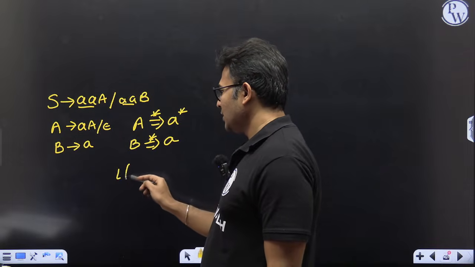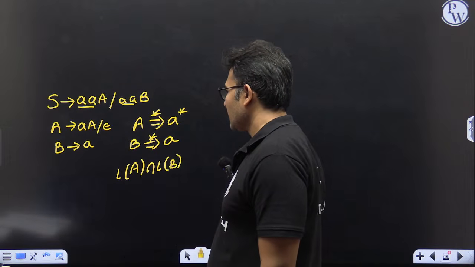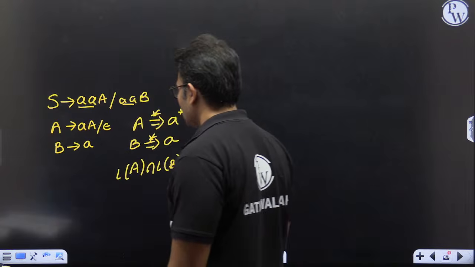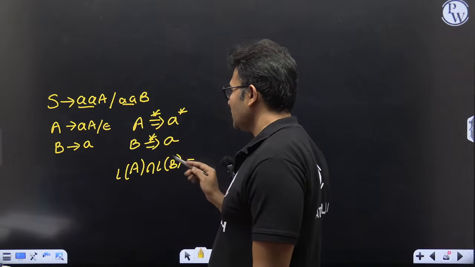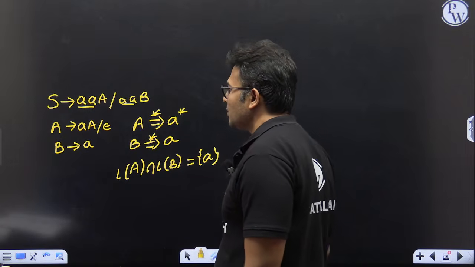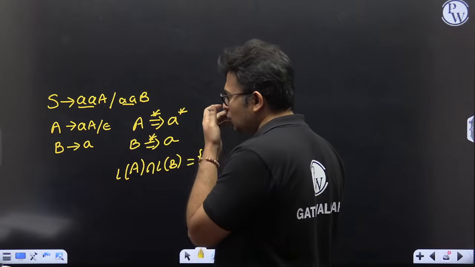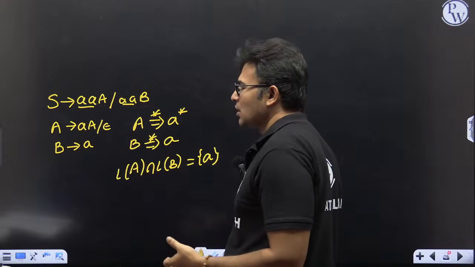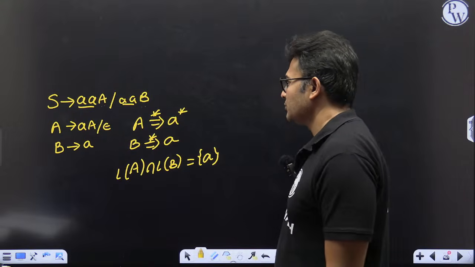Now you take L of A intersection L of B. This is going to be A star intersection A, which is A, which means there is a common string which is derived by A and B. So anyway, the initial part is same and there is a common string. Therefore, there are two ways to generate that particular string.